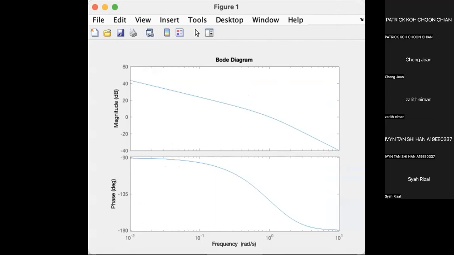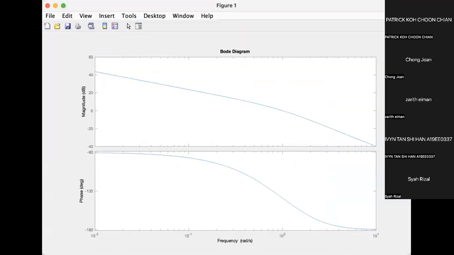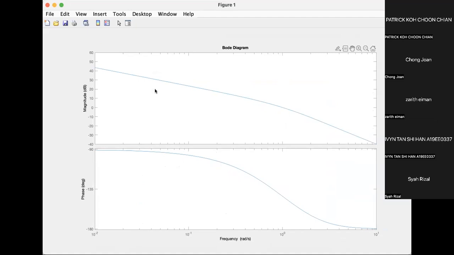so this is the plot. Can you see the plot? Okay.